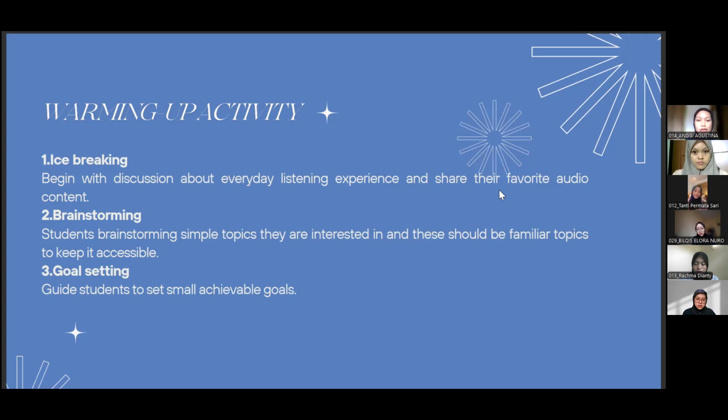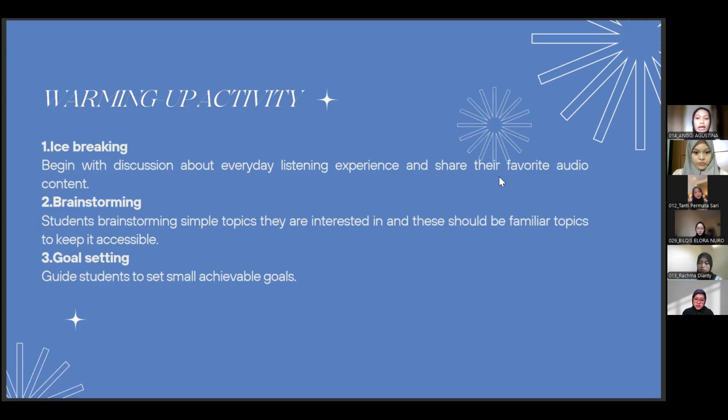We can guide students to set small achievable goals. For example, they could aim to understand keywords, general idea, or specific information from short audio clips that we have shared in the classroom. And the next material about core activity will be explained by Bilqis.